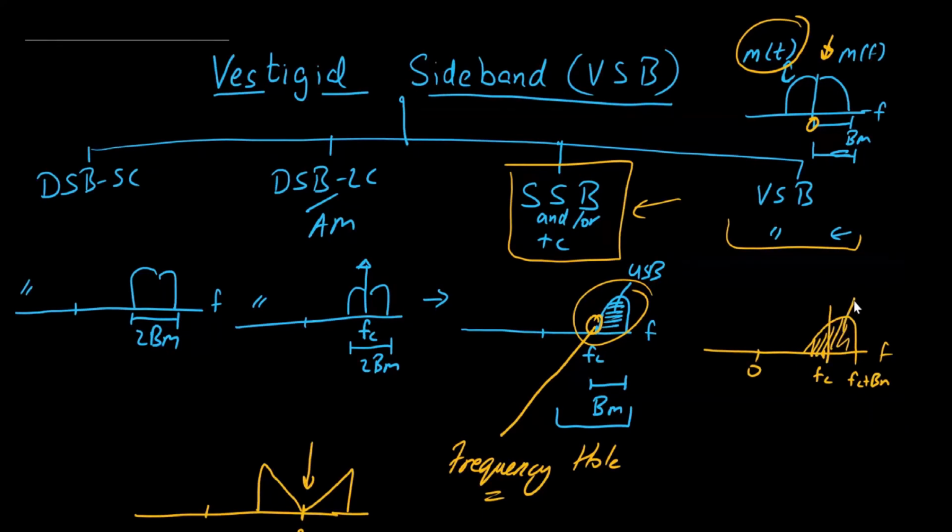We would have the complete upper sideband and some part of the lower sideband. That is, we now have a bandwidth which is more than SSB, but less than DSB-SC or LC. It depends on the filters, but usually it is around 1.25 times the bandwidth of the message signal.